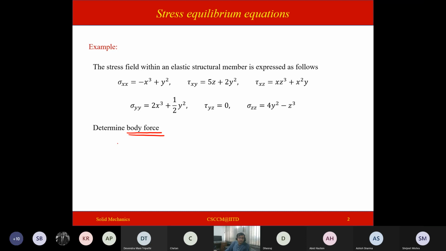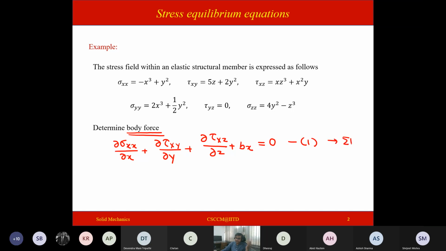If you remember, the stress equilibrium equation looks like del sigma xx del x plus del tau xy del y plus del tau xz del z plus bx is equal to 0. This is my equation 1, representing the equilibrium in the x direction.